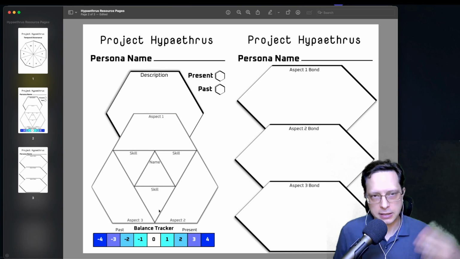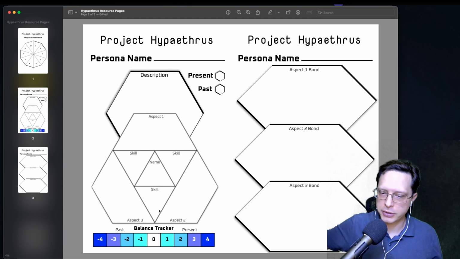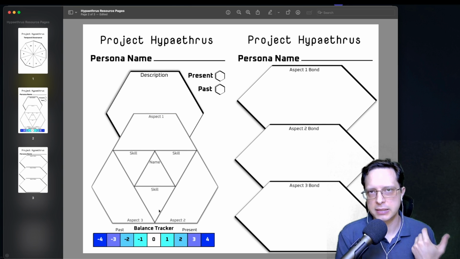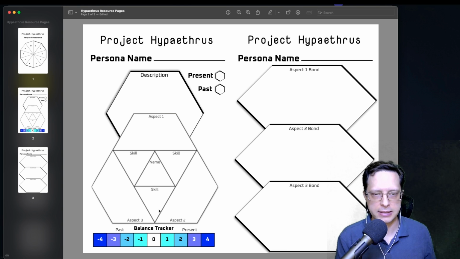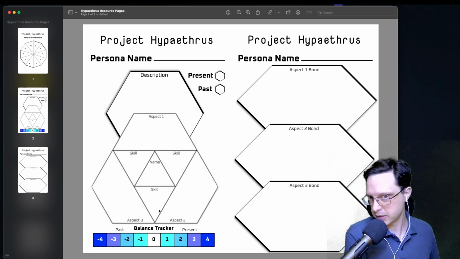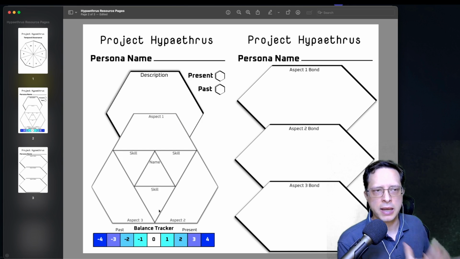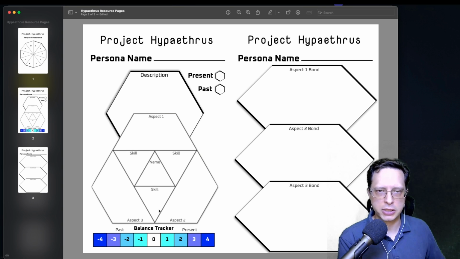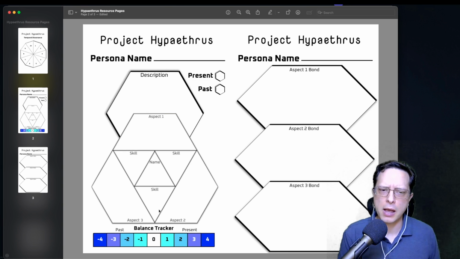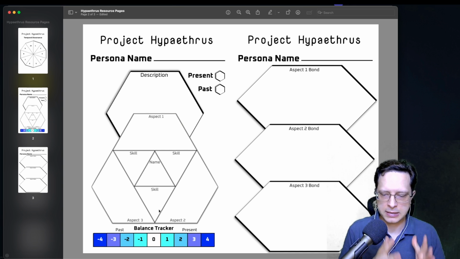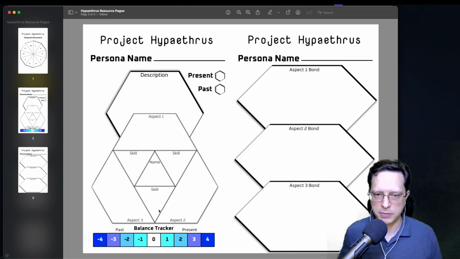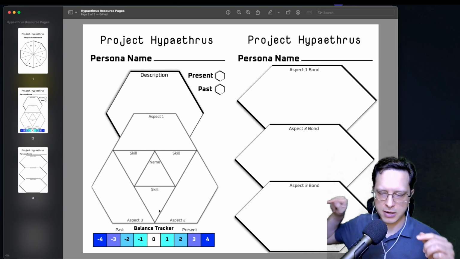One aspect that I did include in Project Hypaethrus that I'm also going to be including in this actual play is the fact that it's important to determine whether the aspects and skills that are being utilized are from the present personality or the past personality, because there's the balance tracker that you can see there at the bottom of the page.